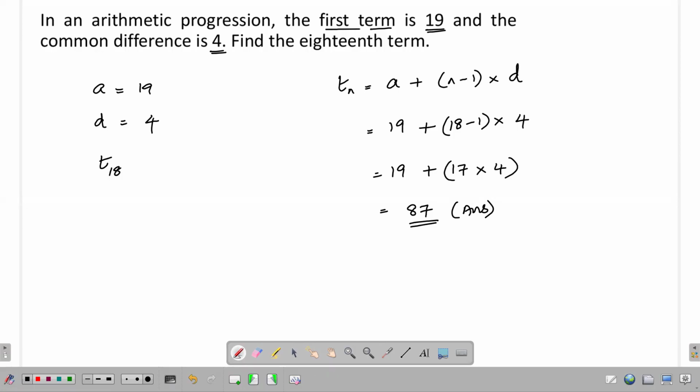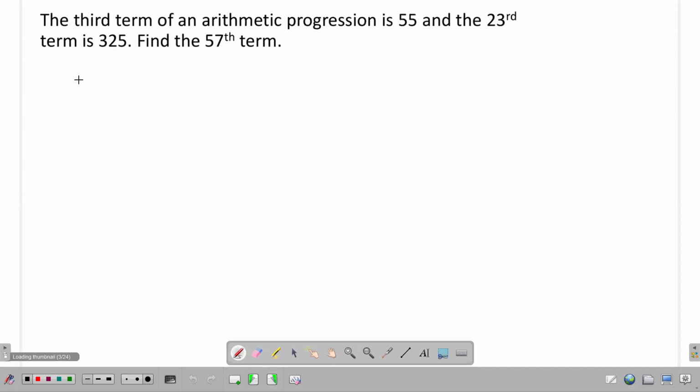Let us now go to the next question. The third term of an arithmetic progression is 55 and the 23rd term is 325. You are asked to find the 57th term. So let us deal with this question in a step-by-step manner.